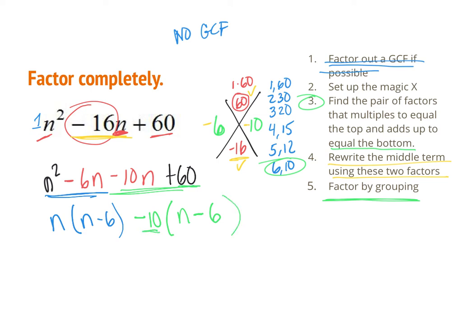The reason I wanted to do that is because I saw that I had an n minus 6 in my first parentheses, and I needed another n minus 6 in my other parentheses. So what is common? n minus 6. What is left over? n minus 10.